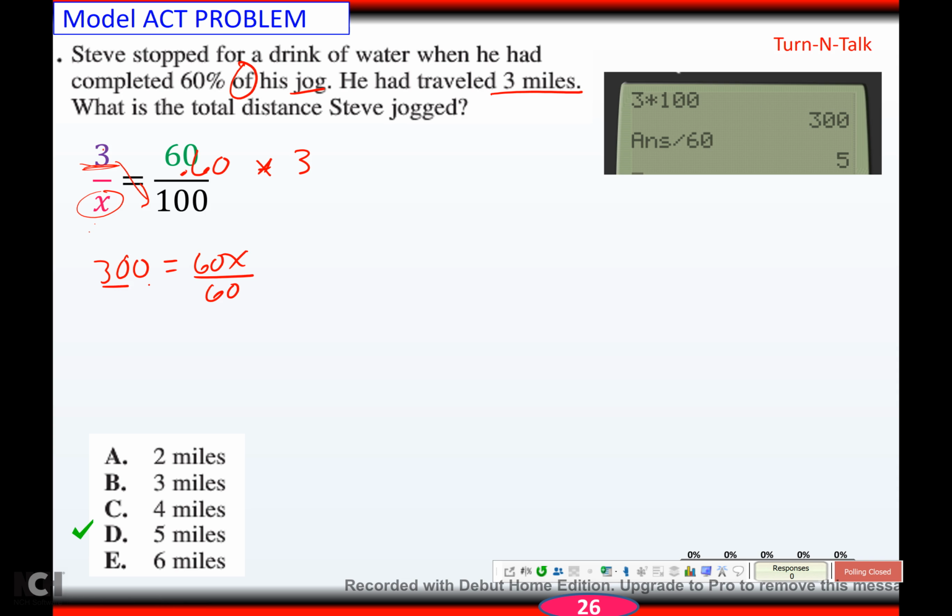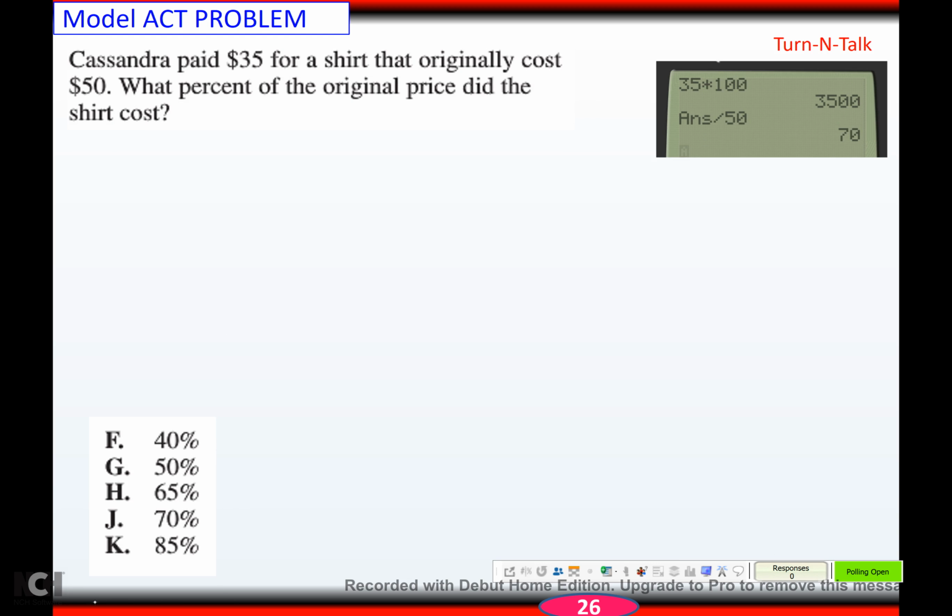So to solve it, then you divide by 60, and I get 5. So his total jog should be 5 miles. When he went 3 miles, he'd finished 60% of his trip. Okay. Try this one. Hit pause. Come back when you're ready.